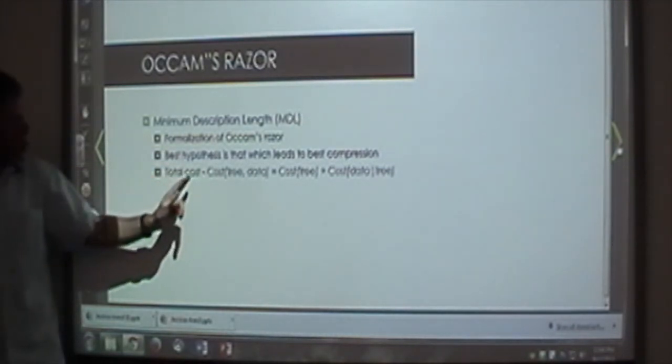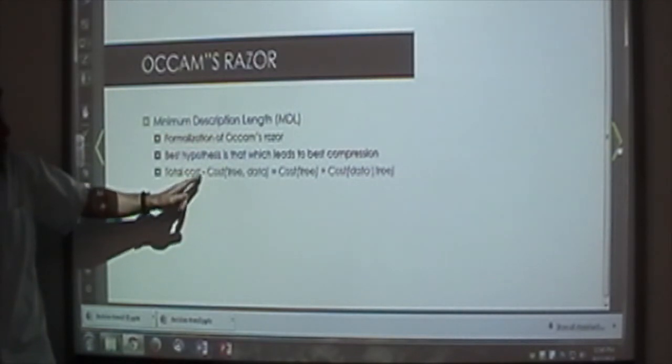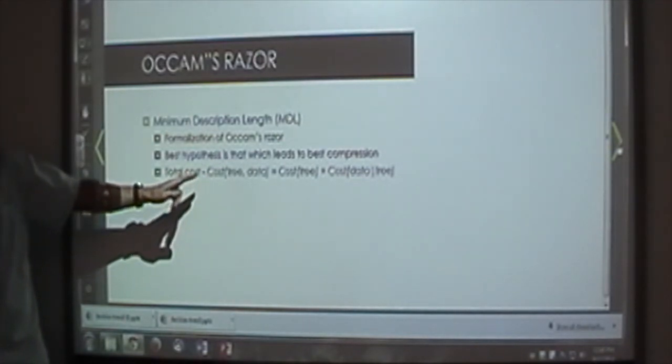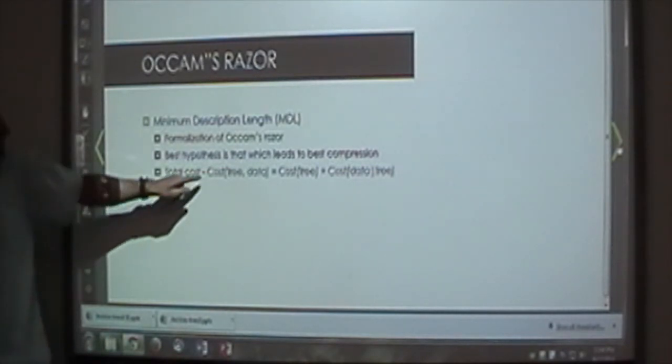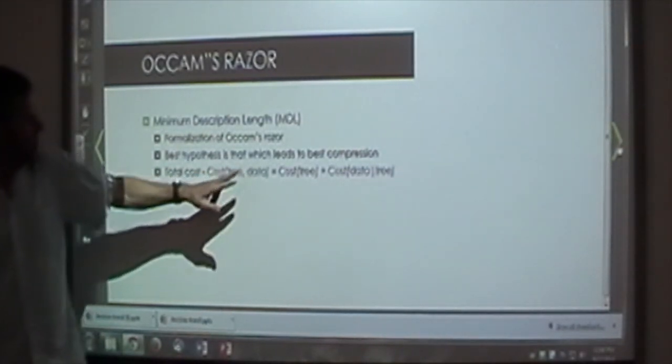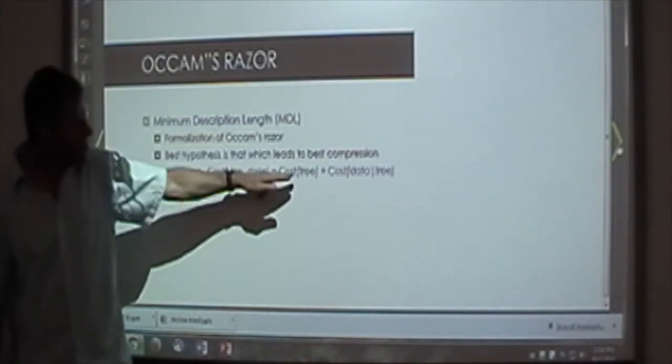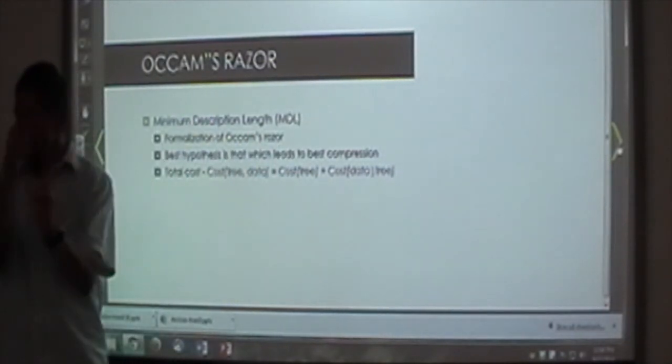And the idea here is that the total cost should be equal to the cost of the tree and the data, and it's given by the cost of the tree plus the cost of the data given that tree.